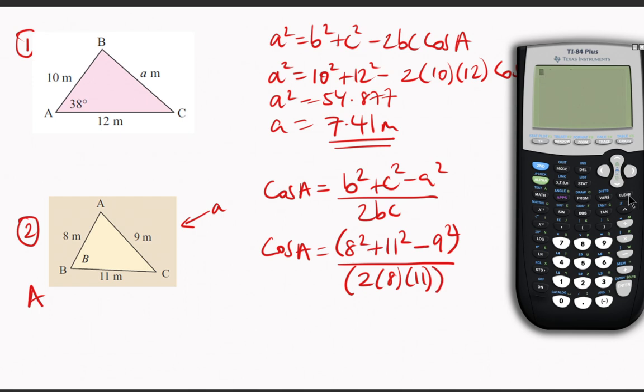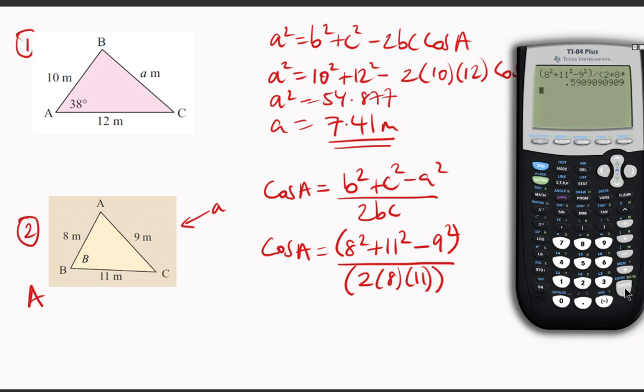So let's do that then. 8 squared plus 11 squared minus 9 squared, divided by, and then open brackets, 2 times 8 times 11.